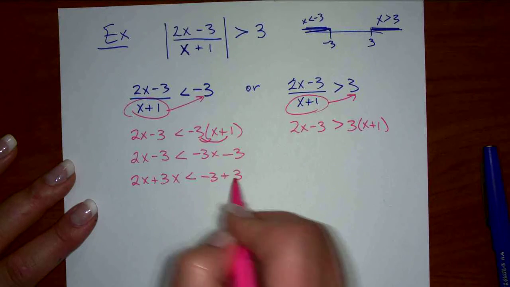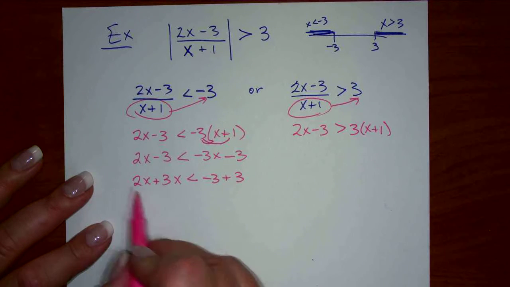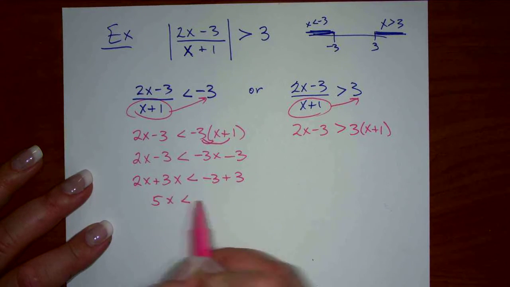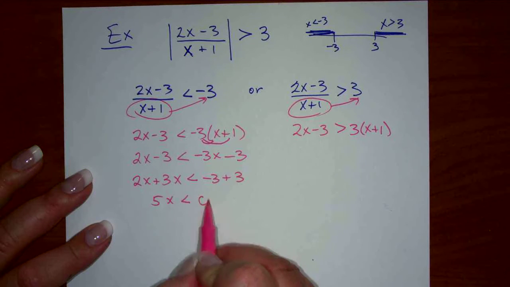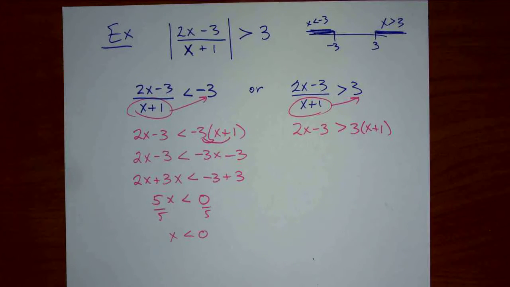Ooh. Cool. So what does this give us? 5x is less than 0. Divide by 5, that's okay. 0 is an answer. So x is less than 0. It's just the same as any other number on the number line. Okay, we'll solve the other side.